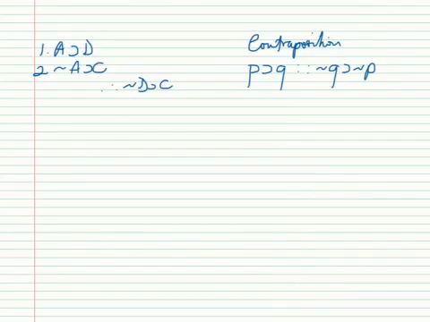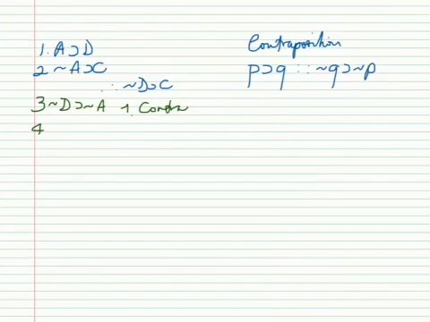In this example, we are going to use the contraposition rule. Now notice that you can get the desired result here by using hypothetical syllogism, but first we have to transform the first premise to the other conditional that it is equivalent to, namely not D then not A. So 1 contrapositive gets us this.